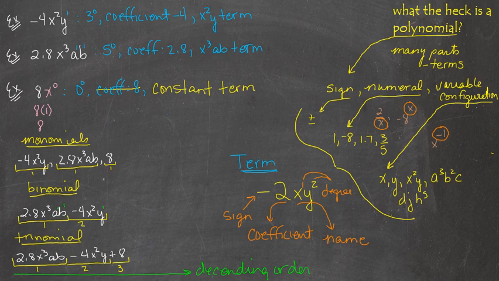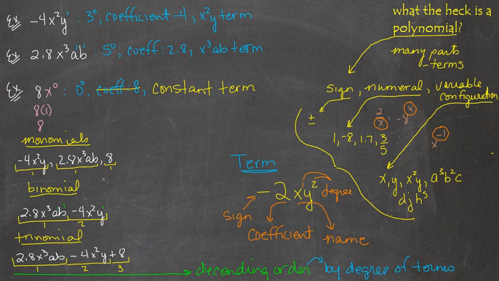Also, when it comes to naming, the degree of a polynomial is only considered by the first term. Once you've written them in descending order, by degree of the term, then you can name the polynomial based on the degree.